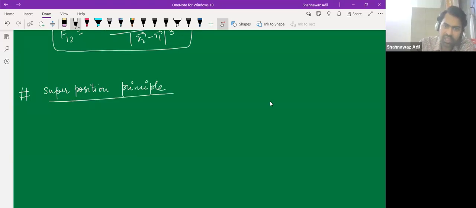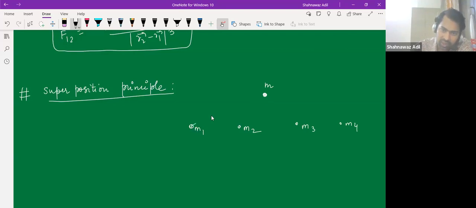The superposition principle says that if we have this mass M, and masses M1, M2, M3, and M4, what would be the force of gravitation on this object?